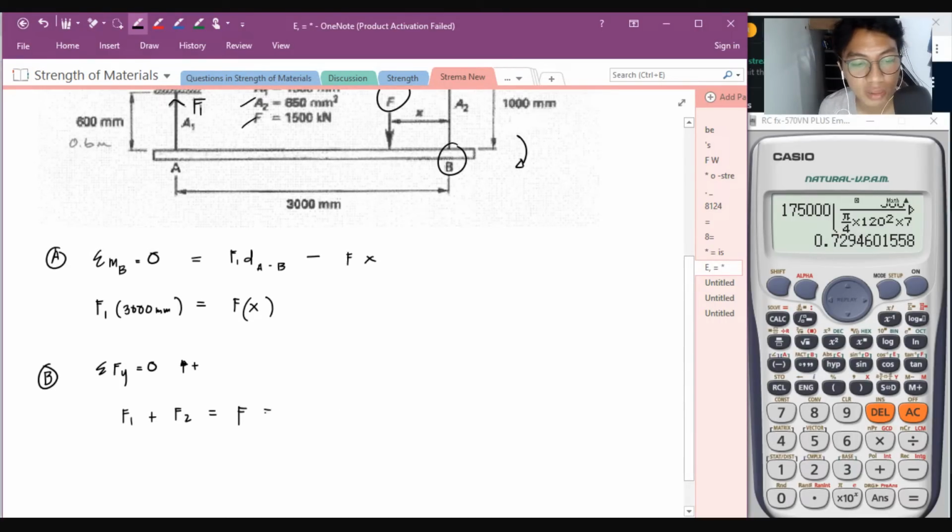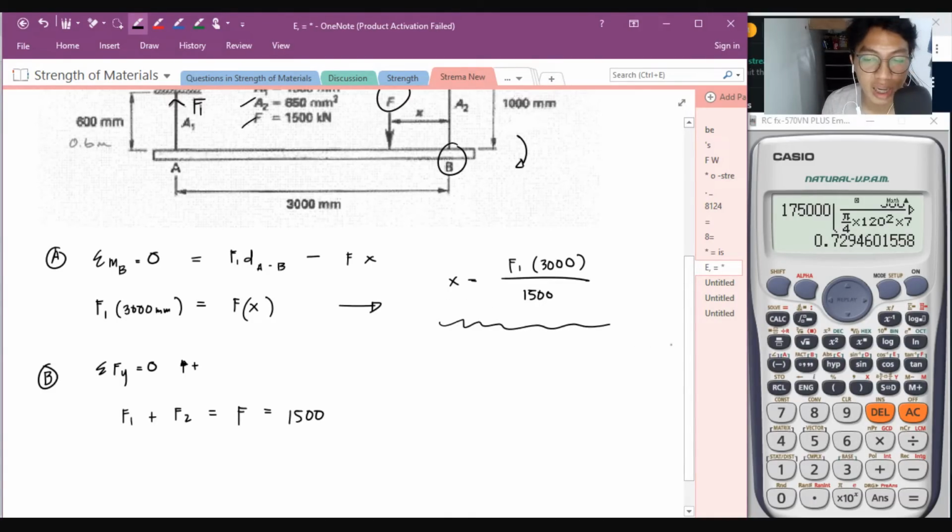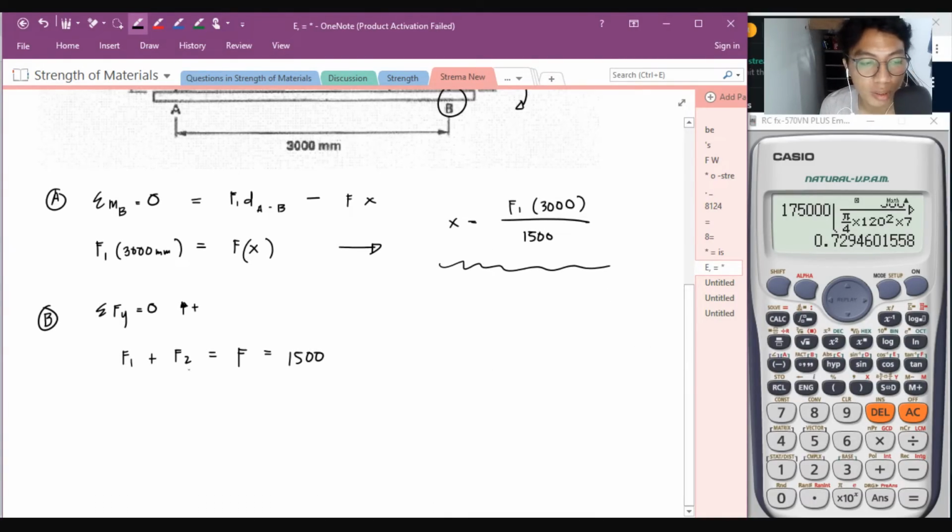Where F is equal to 1,500. Ayan, pwede natin palitan to. So, X is equal to F1 times 3,000 divided by 1,500. Yun, equation na nabuo ko dun sa taas. So, F1 plus F2 is equal to 1,500.